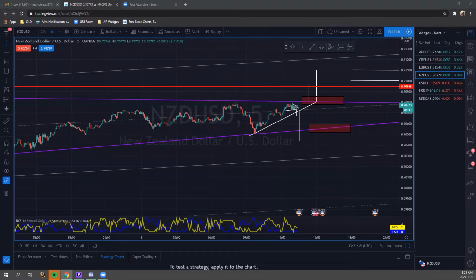It broke out of where the wedge alert was, came back and actually formed another wedge. This thing has a lot of upward potential.